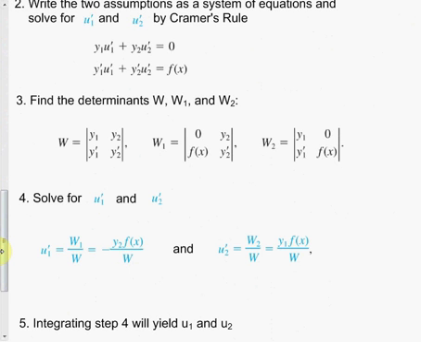I just remember W sub 1 divided by W. U sub 2 prime is W sub 2 divided by W. We're going to integrate step 4. When you integrate u sub 1 prime, that'll give me u sub 1. Integrate u sub 2 prime, I can get u sub 2.